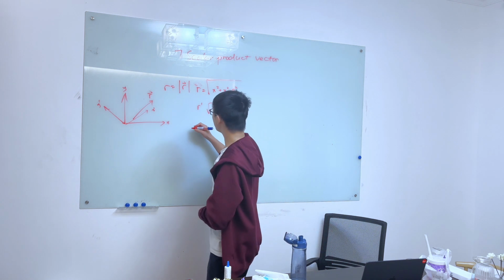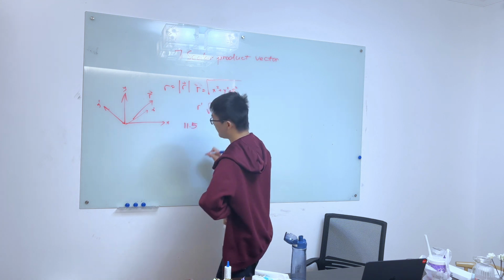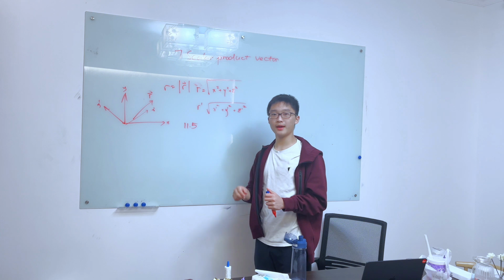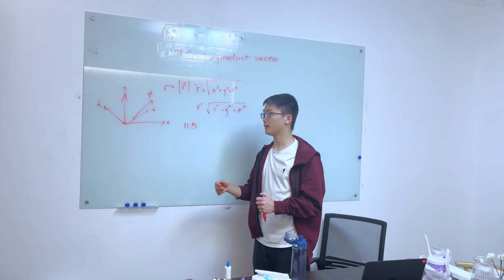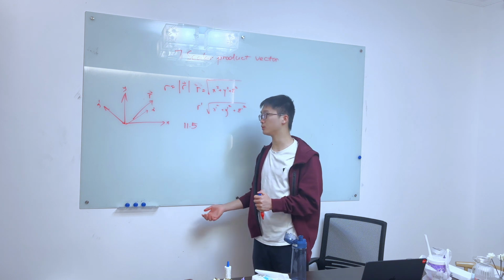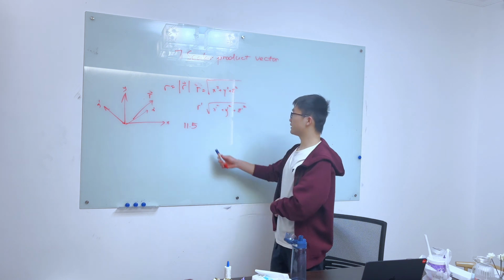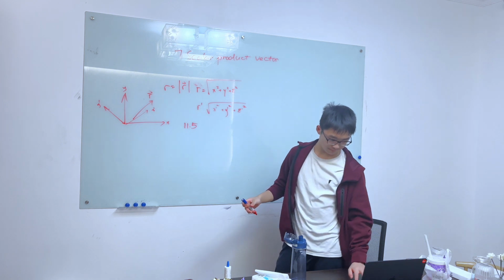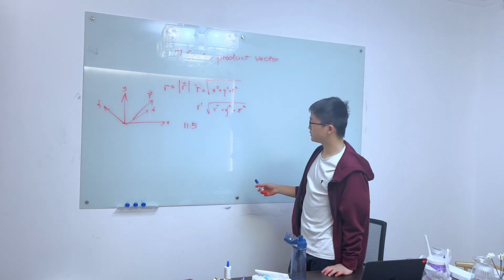Well, we use equation 11.5, which is how x prime relates with x and y, how y prime relates with x and y, and how z prime equals z.